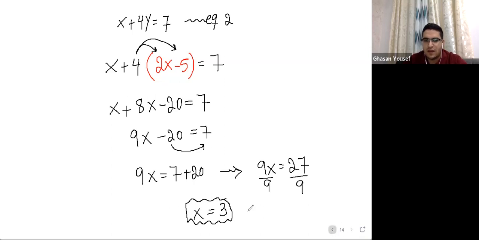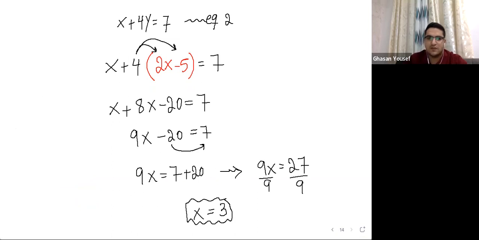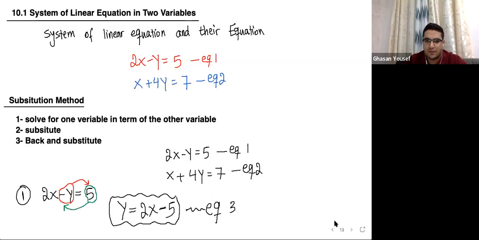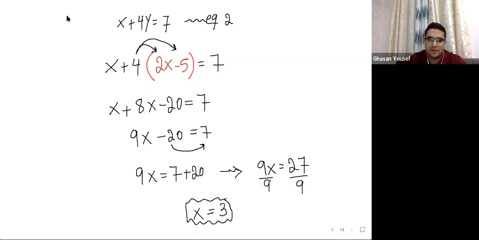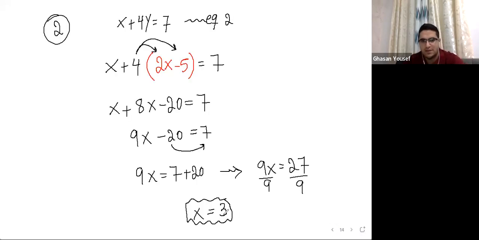Now I have to find the value of y by back substituting. So step number 3. This is step number 1, this is step number 2 here, now step number 3. So x equal what? 3. x equal 3.